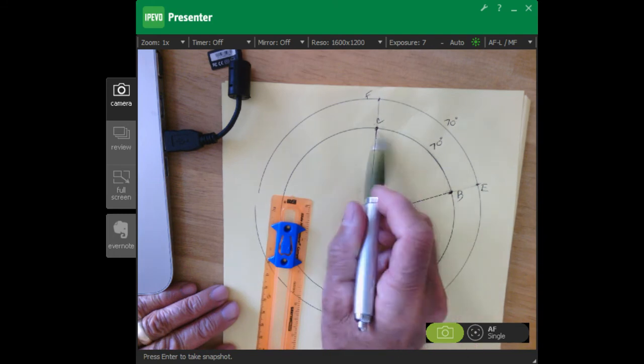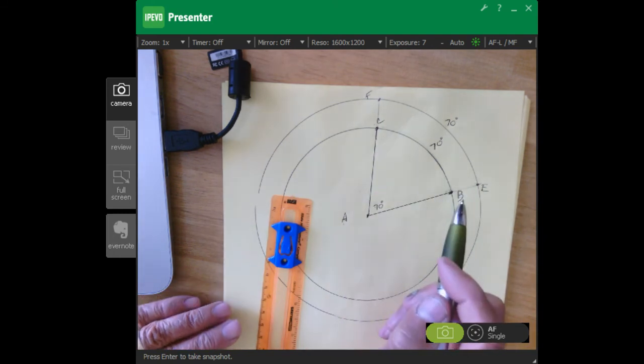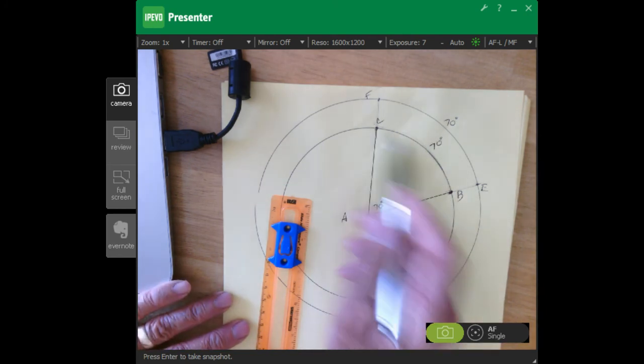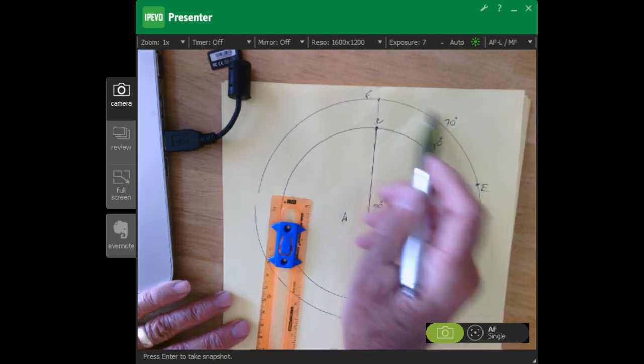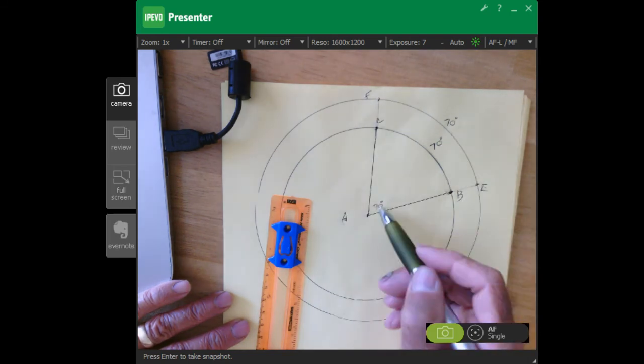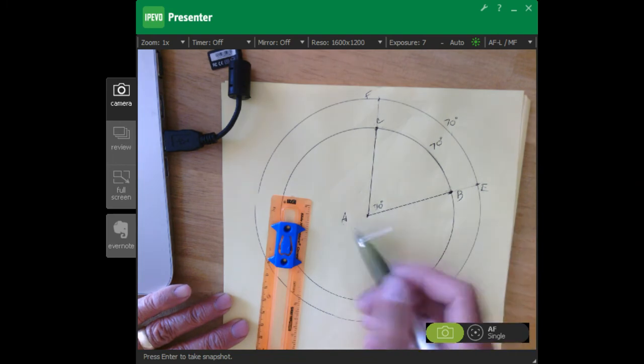Now the length and the measure are two different things, and you need to make sure you understand that. So the arc measure here is 70 degrees. The measure will always be the same as the angle measure of the central angle. Remember, this angle is coming from the center. That's the central angle.